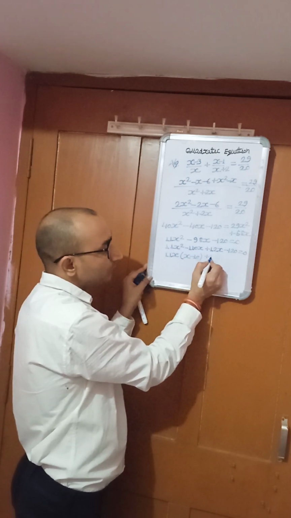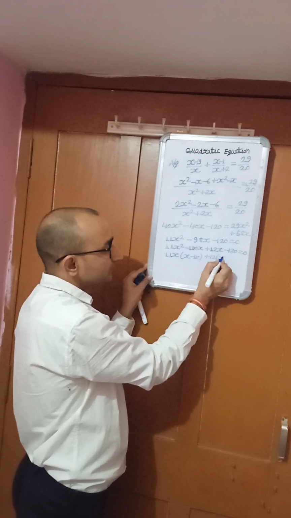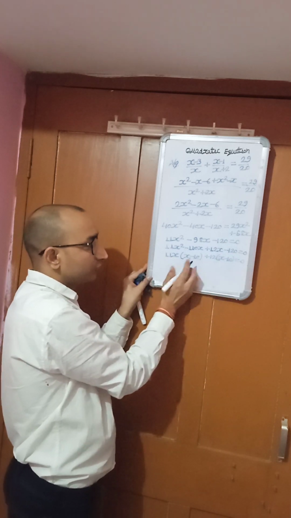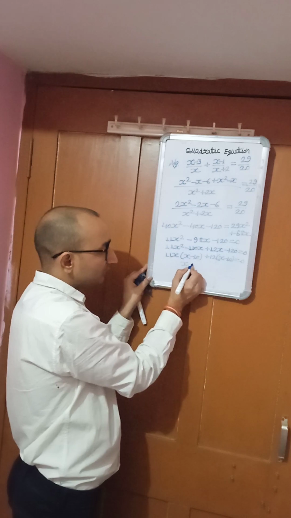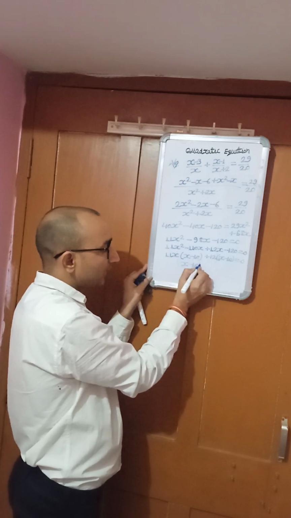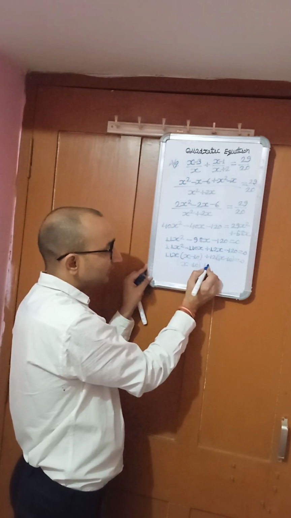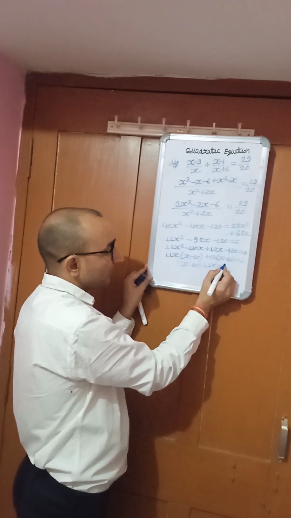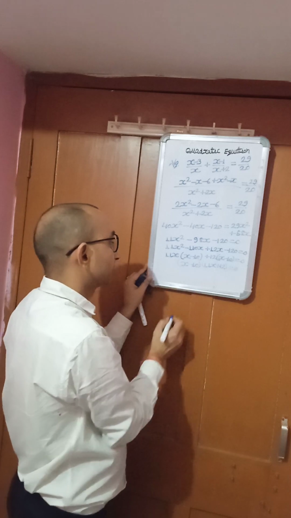From the other part 12 is common, and this also becomes x minus 10 equals 0. Take the common term in one bracket and the remaining terms in another bracket, equal to 0.